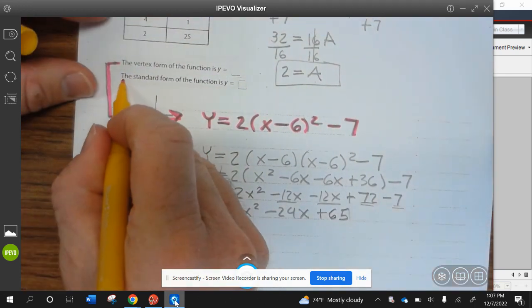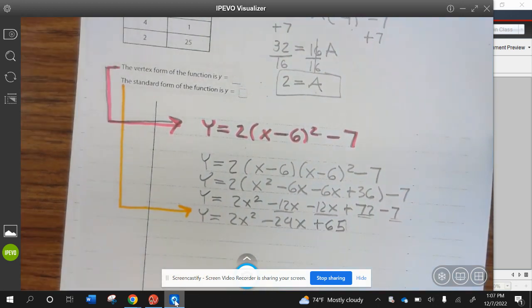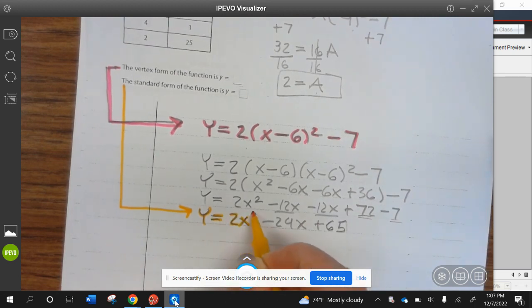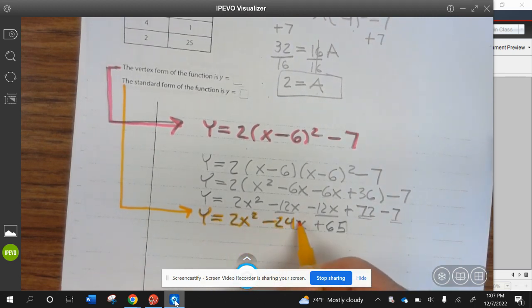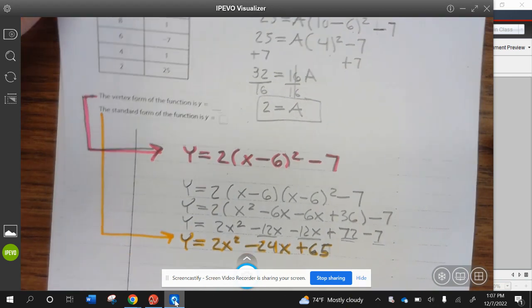Okay, so standard form. All right, go ahead and finish up that example.